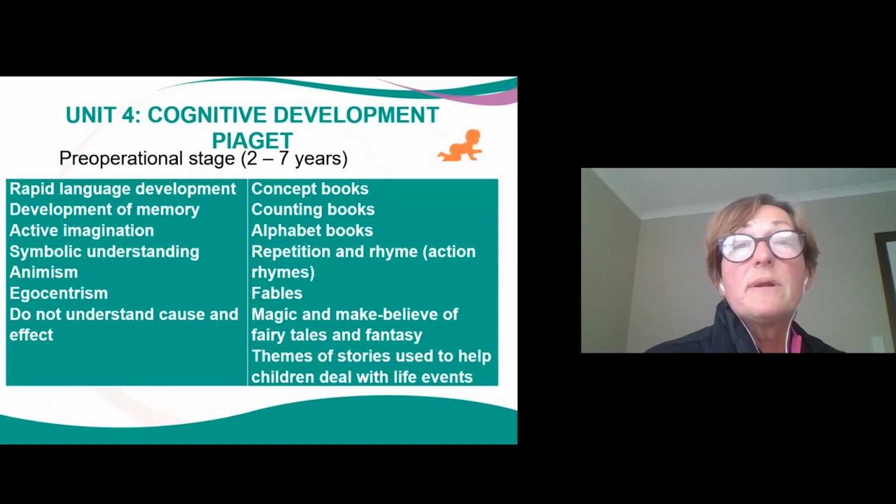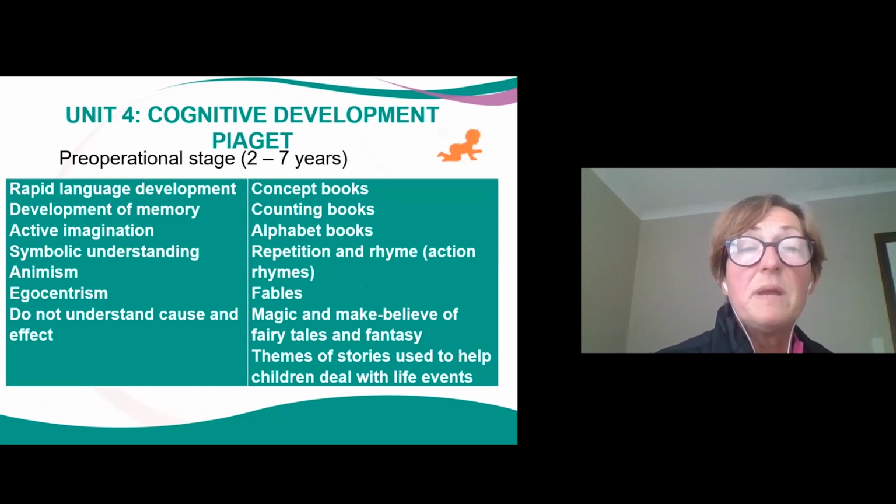In the pre-operational stage, which spans 2 to 7 years, what you would see now is rapid language development. So books and lots and lots of talking is very important for language development, forming new words, vocabulary, concepts, development of memory. They're exposed to so many things. They're learning so many things.